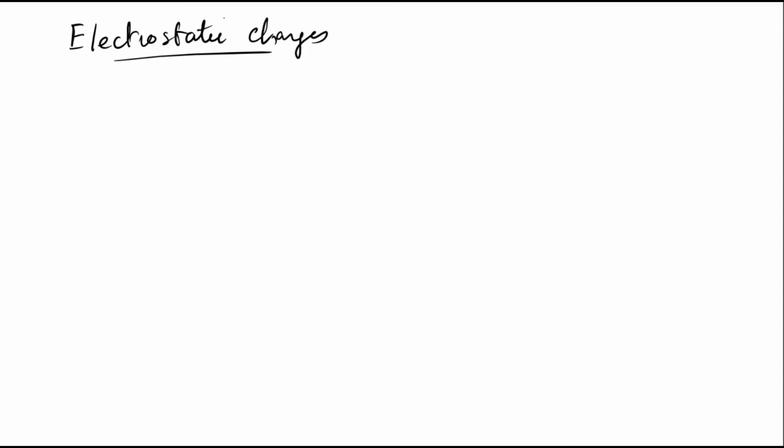Now what is electrostatic charges? Because whenever we study a topic we should know what it is all about. Electrostatics is the study of electrical charges at rest. So there are two important terms: one is charge and the other is rest.